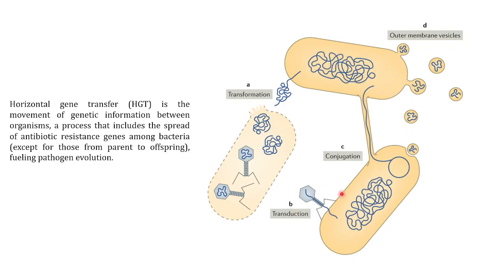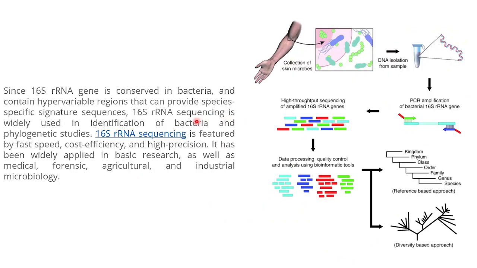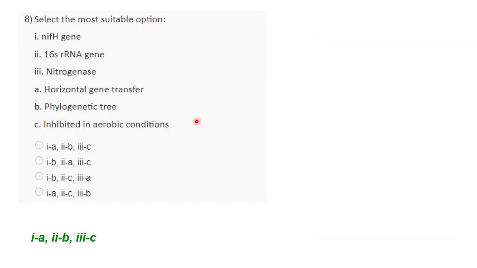Or transduction, when a bacteriophage, a virus which can infect a bacteria, infects the bacteria and incorporates its own genetic element into the bacteria. So these are the three different horizontal gene transfer techniques, and the NIFH gene is a very popular genetic marker, and it's also transferred via horizontal gene transfer. So it can be 1A.